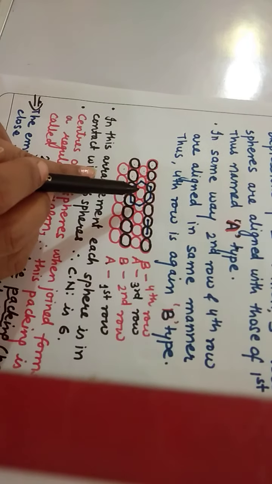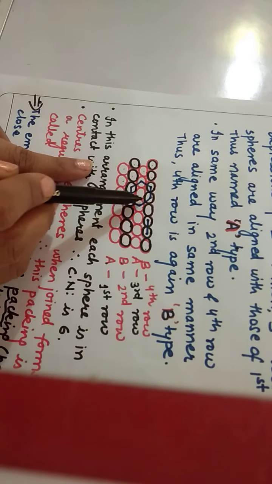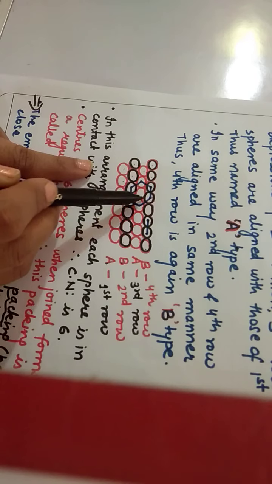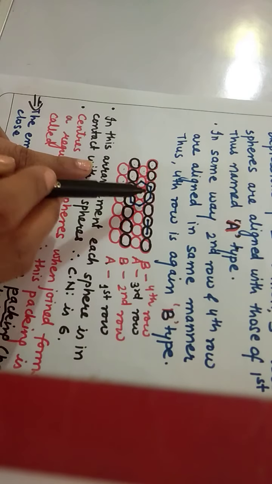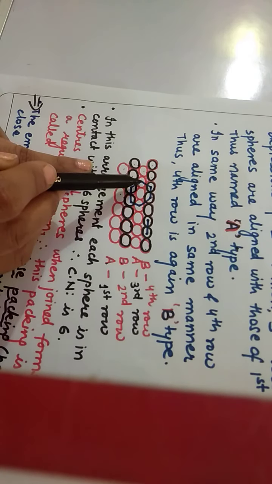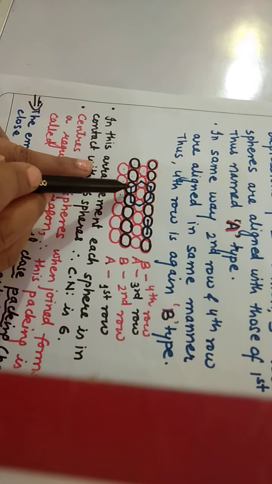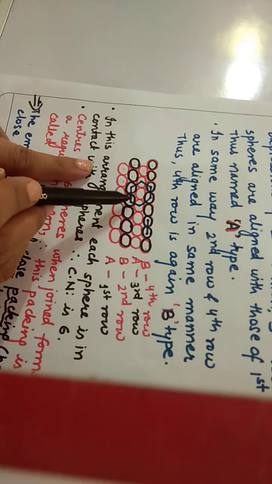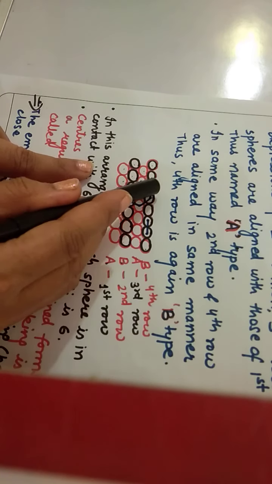Now again we'll find out the number of nearest neighbors. If I find out the number of nearest neighbors of this sphere, how many spheres are touching this red sphere? 1, 2, 3, 4, 5 and 6. These 6 spheres are touching this sphere.